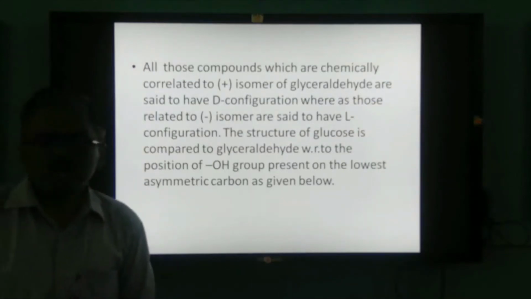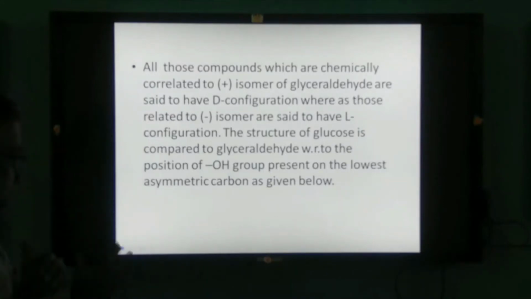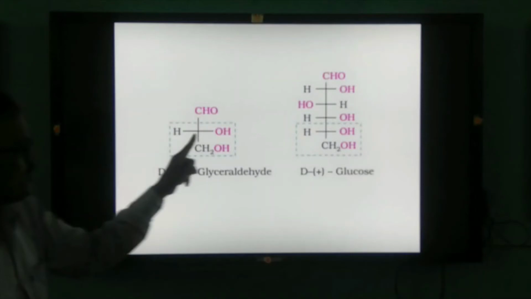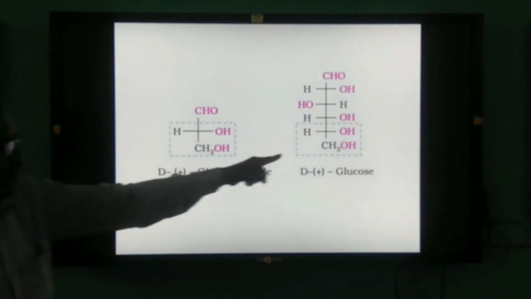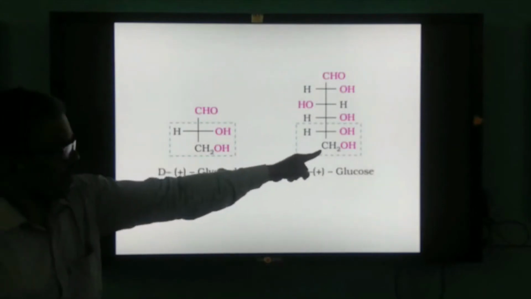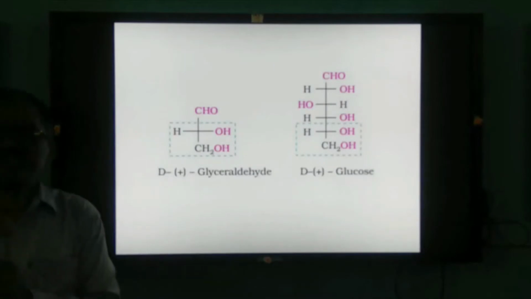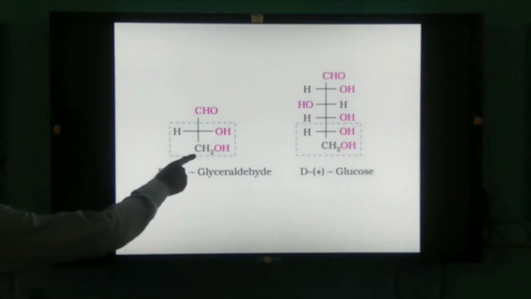So now we will compare the glyceraldehyde with that of our glucose. Glucose on one side, glyceraldehyde on the other side. So last but one, here from the bottom, the second carbon. How is the arrangement of H and OH? That means you compare this up. This is also having CH2OH, H, OH.